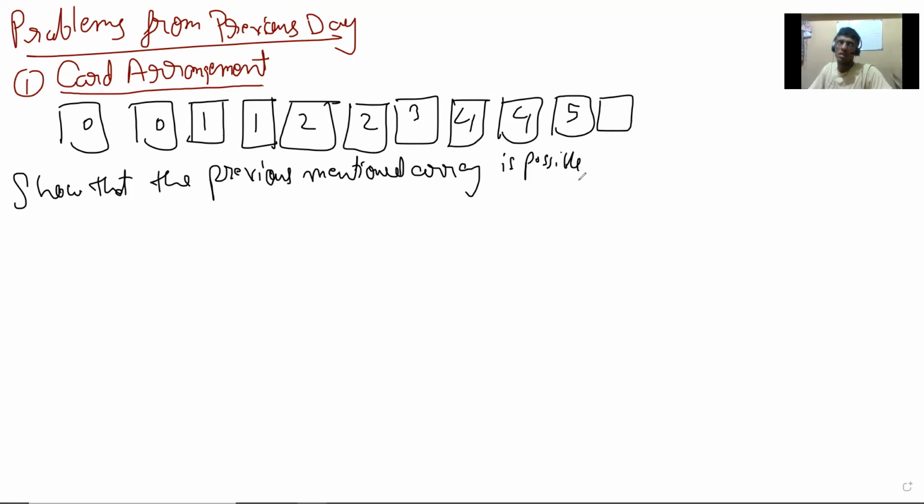Because the sum is odd. But for 14, if there are 14 cards in total, then the numbers are from 1 to 6, and for that also you will not get because the sum is odd. So that is fine, that is okay.